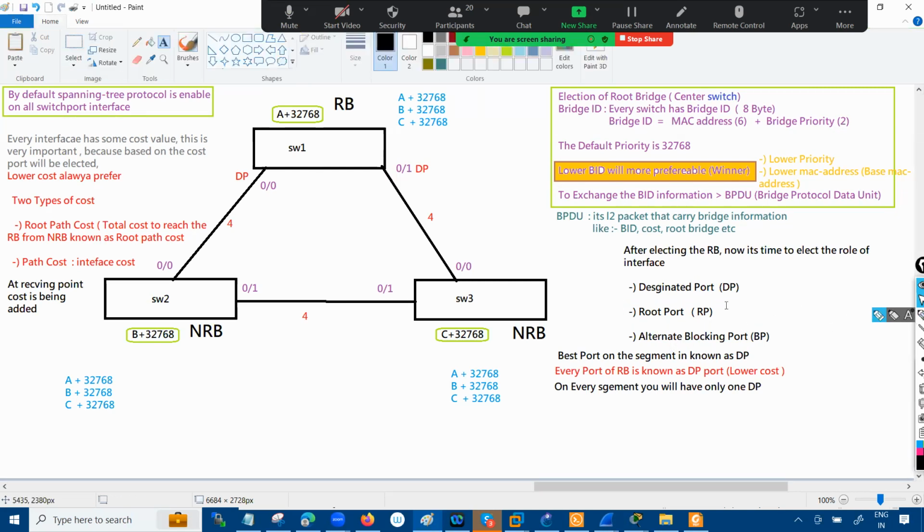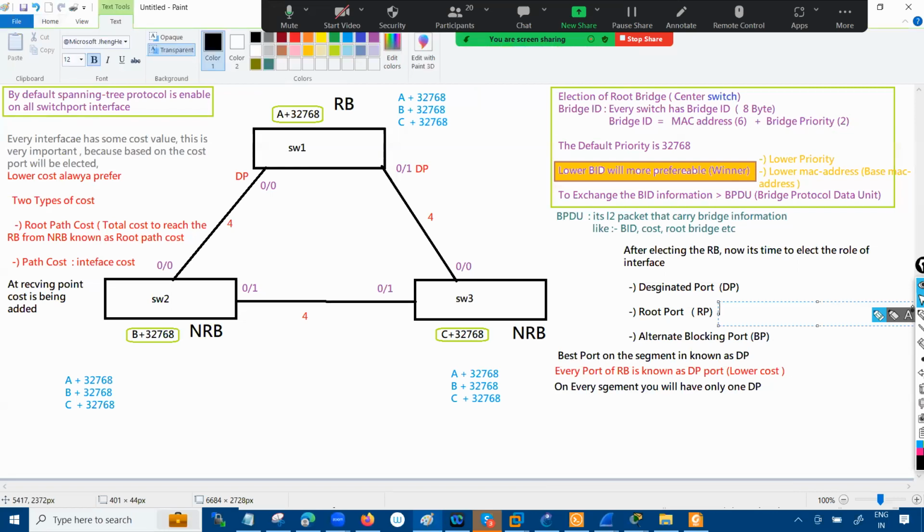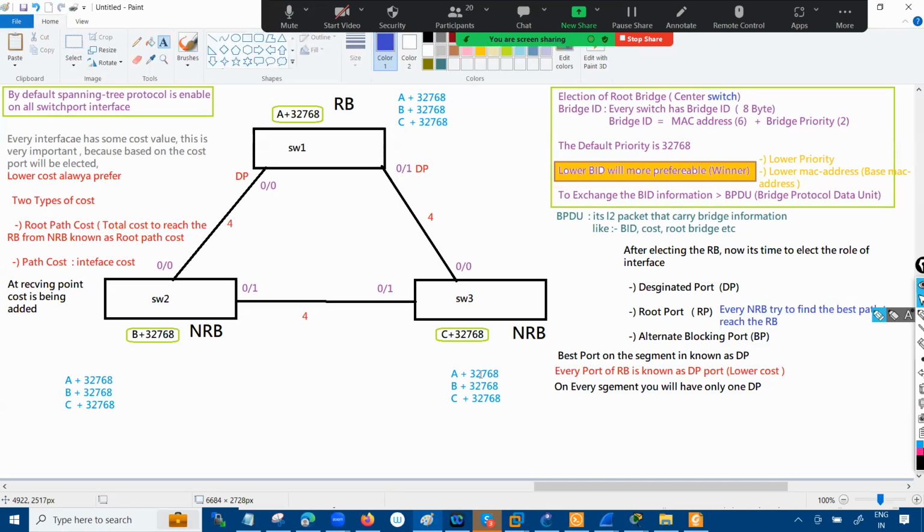So the RP, we can say, is that every non-root bridge tries to find the best path to reach the root bridge. If I talk about switch 2, that's a non-root bridge. I have two paths to reach switch 1, this way or this way.